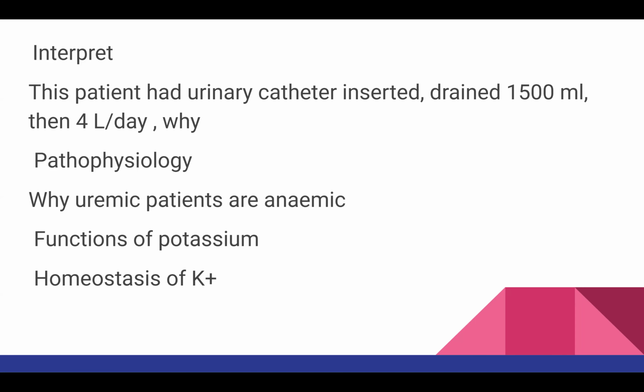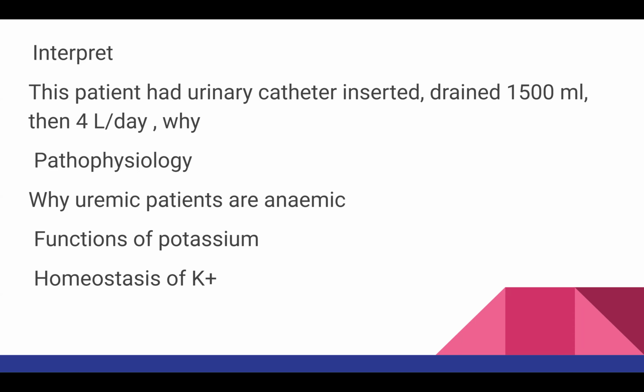Okay, so why are uremic patients likely to develop anemia? There are four causes. The first one is the deficiency of erythropoietin, since the erythropoietin is secreted from the kidneys.